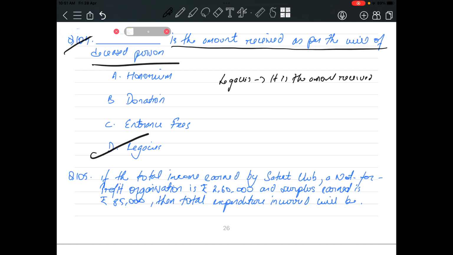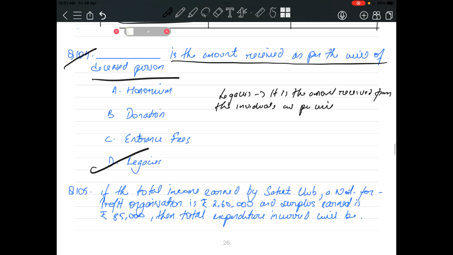It is a receipt of non-recurring nature. It is an item of non-recurring nature.